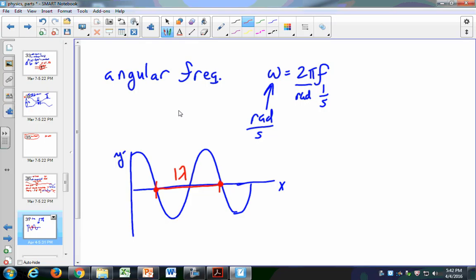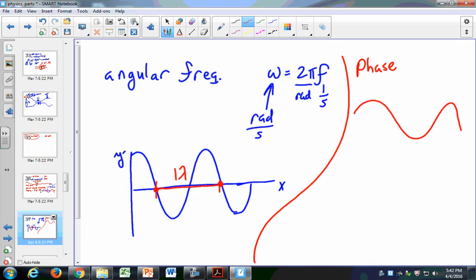You can have waves, and it talks about phase. You can have waves that are in or out of phase. We'll see this in chapter 8, the next chapter in 102. So if I have two waves, I'm going to show you a wave here. I have a wave that looks like this, and then let's say I have another wave that looks like this.